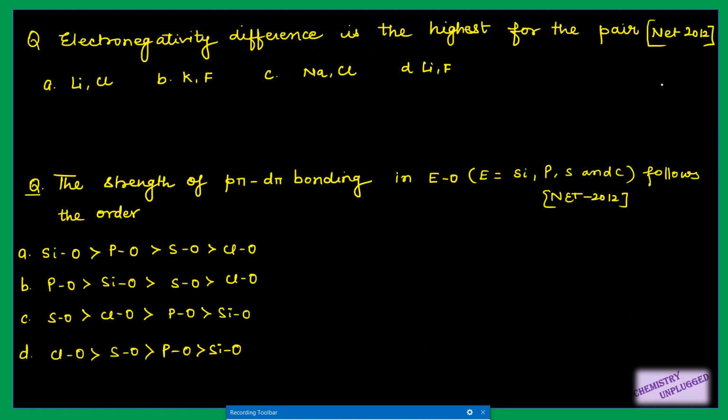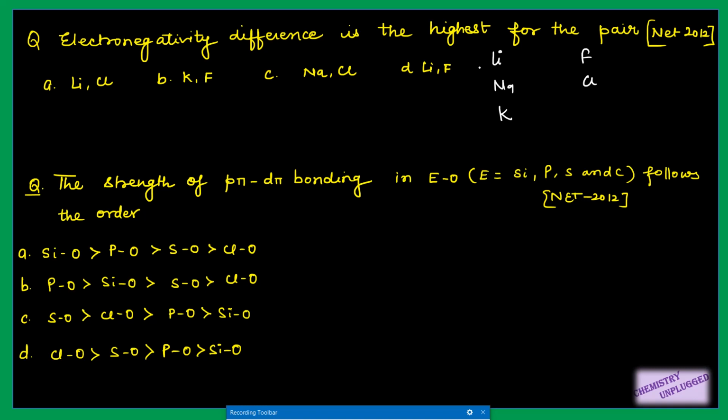Next question is from NET 2012. Electronegativity difference is the highest for the pair. So these cations all belong to S block elements, right? They all are S block elements, alkali metals, lithium, sodium, potassium, right? These three will be discussed, and then we have here fluorine and chlorine.